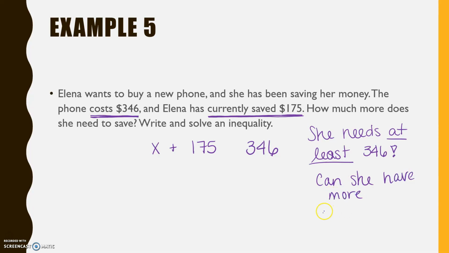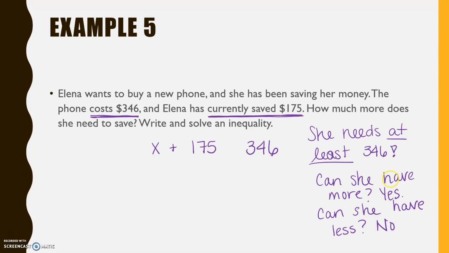Those are the two questions. Can she have less? Can she have more than $346? Yeah, that's okay. It's okay to have more than $346. Can she have less? No. Because if she has less than $346, she's not going to be able to buy the phone.